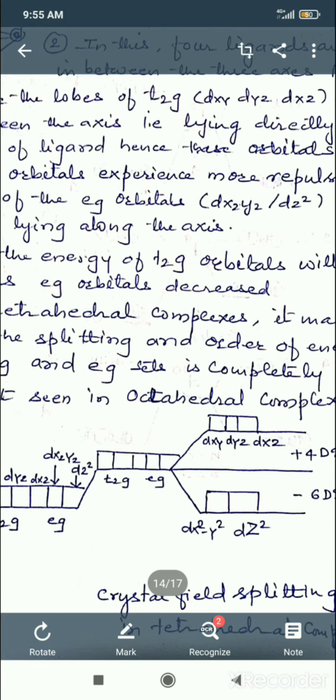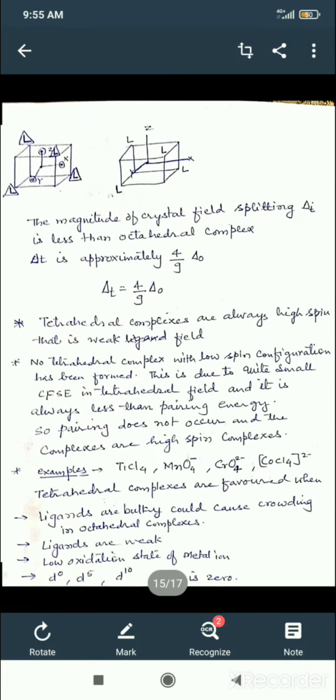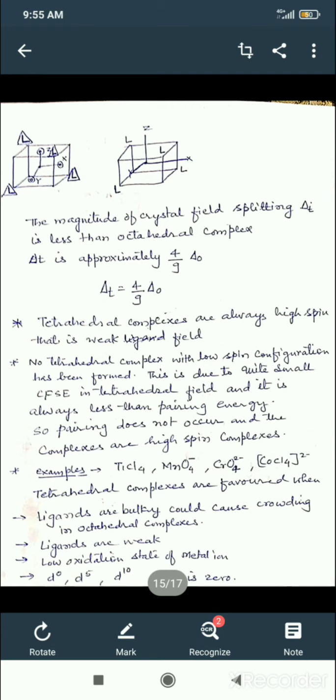Now I will proceed to the next part, that is, the tetrahedral field is weaker than the octahedral field. The magnitude of the crystal field splitting is delta T. Delta means small change and T is tetrahedral.